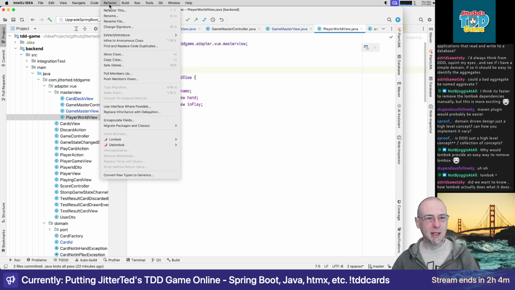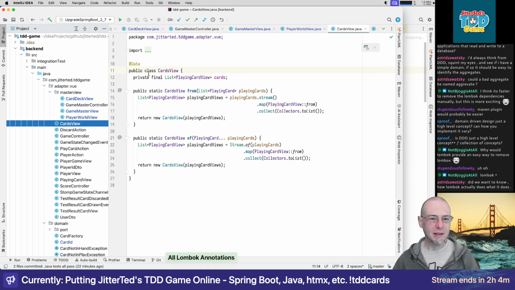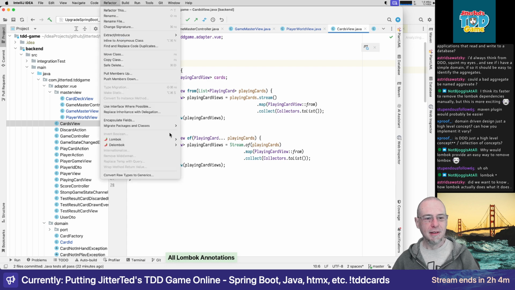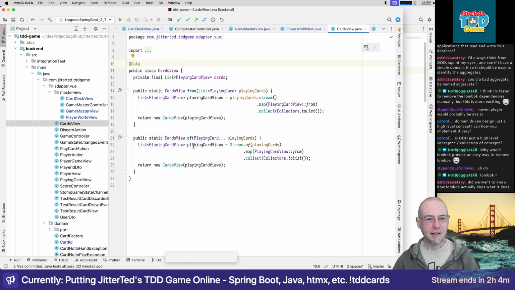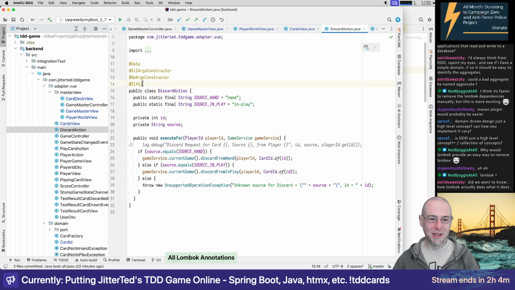All right, so let's delombokify this. And this one. And this one. Let's turn on that log statement so that it actually gets done.